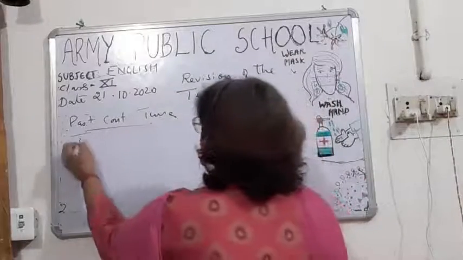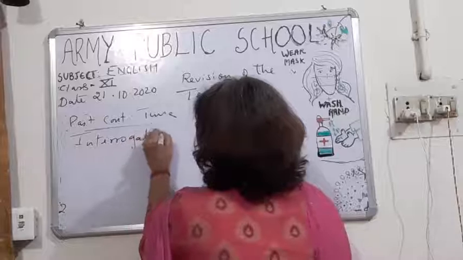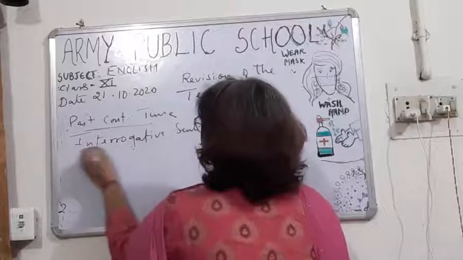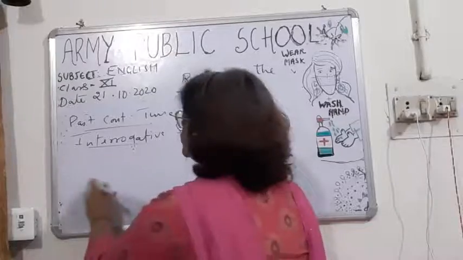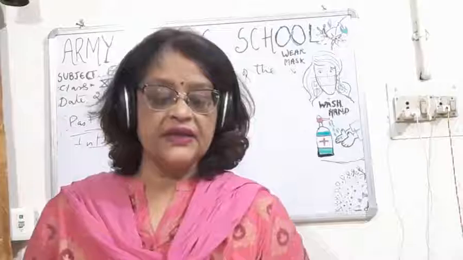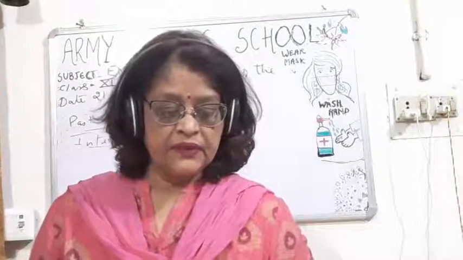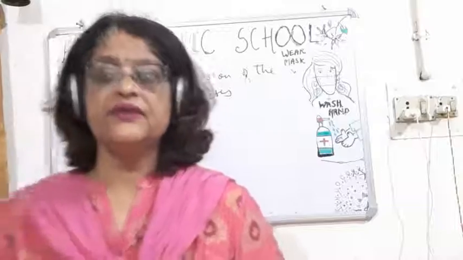Interrogative sentences. So the formula for interrogative sentence: in interrogative sentence, we always have the auxiliary verb first.